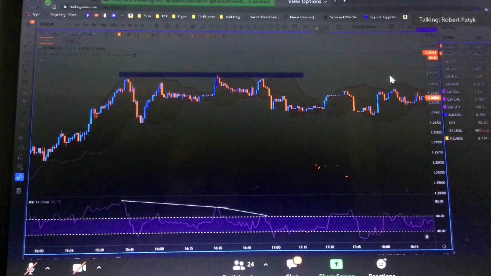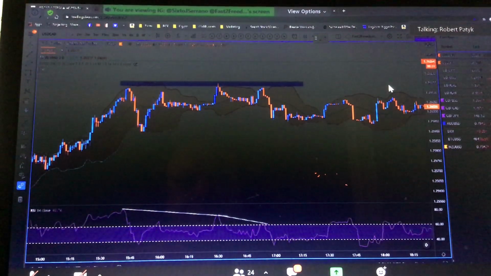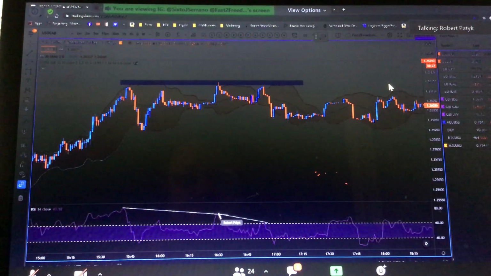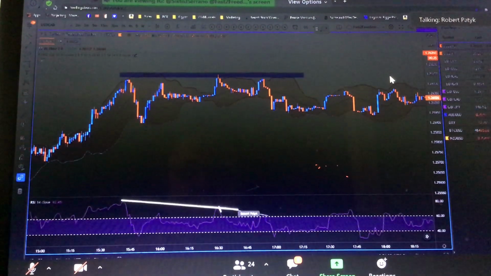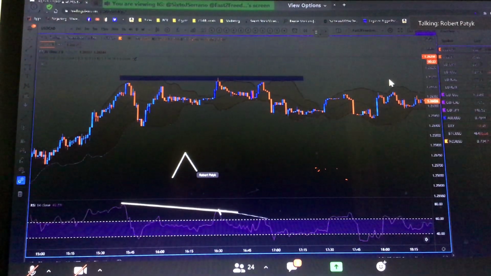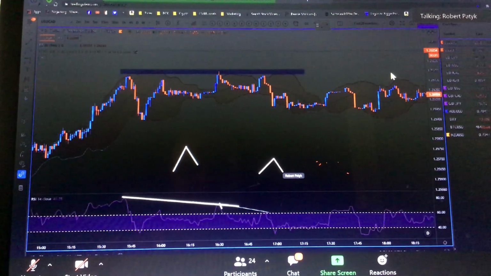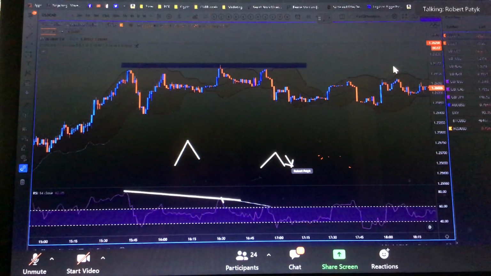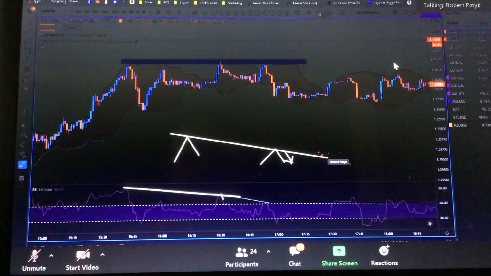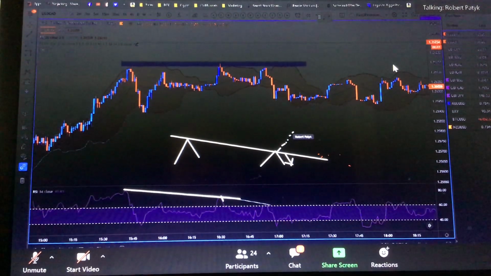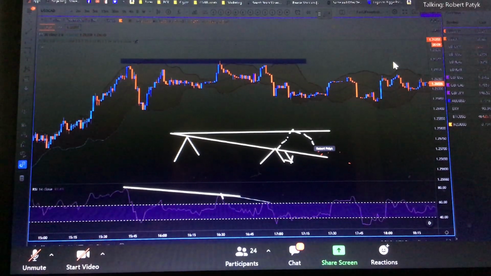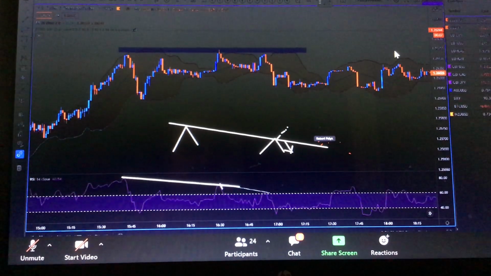At that point, when you can see it's already coming down a little bit, you go ahead and draw your divergence. You're always looking for a peak and a second peak. Once you see it start coming distinctly down, that's your cue to enter.